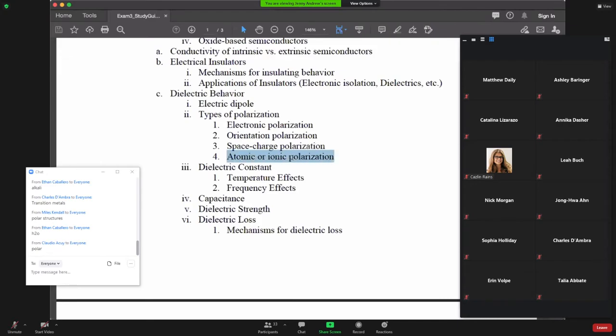But then we also talked about atomic or ionic polarization. So you'll see ionic polarization in any material that has ionic bonds. That would be something where, say you have salt, you apply an electric field, there may be a slight shift of the ions from where they want to be in the lattice, forming these small and reversible dipoles.